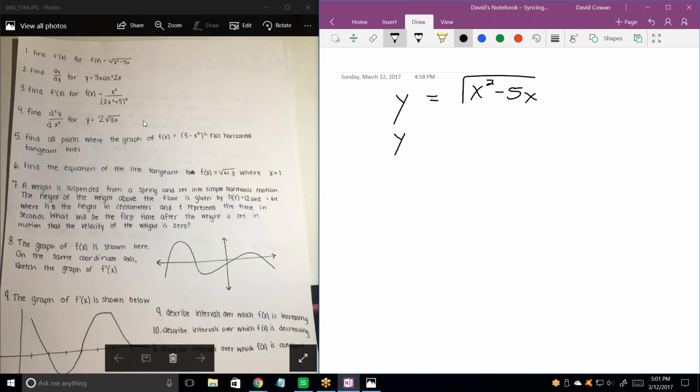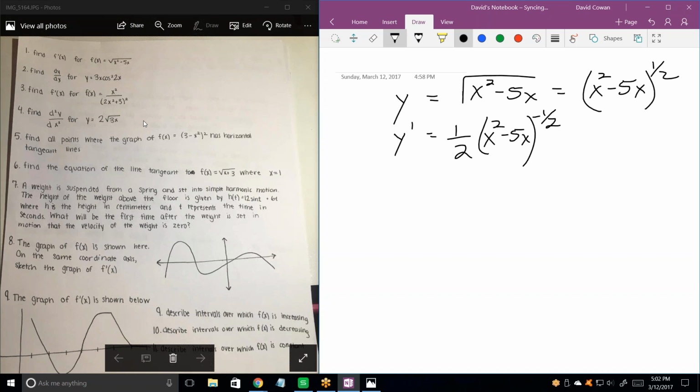So what is y prime? So you have to change it to x squared minus 5x to the 1/2. Good. Always get rid of radical signs when you're dealing in calculus. And then you do 1/2 times x squared minus 5x to the negative 1/2, which is the derivative of the outside.